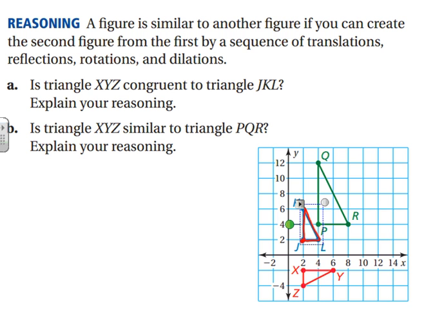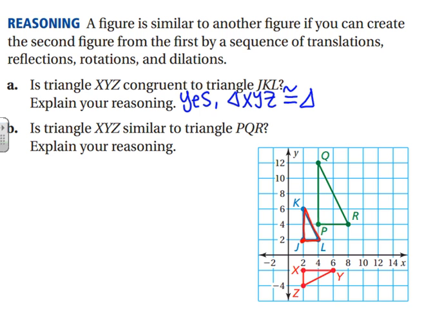So you can do it in either order and you'll still get the same thing. You might even be able to figure out a way to do 2 reflections and then a rotation to get it to that location.